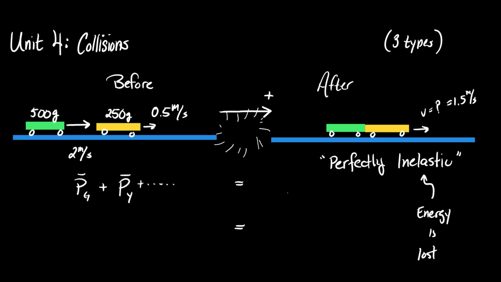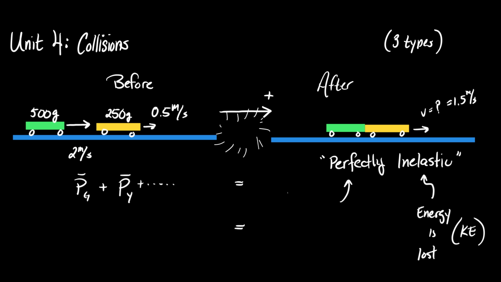And we're generally talking about kinetic energy in this sense. So most collisions in nature are inelastic. A perfectly inelastic collision is one in which the two objects join together. They're stuck together. And in so doing, they tend to lose a lot of energy during that process.